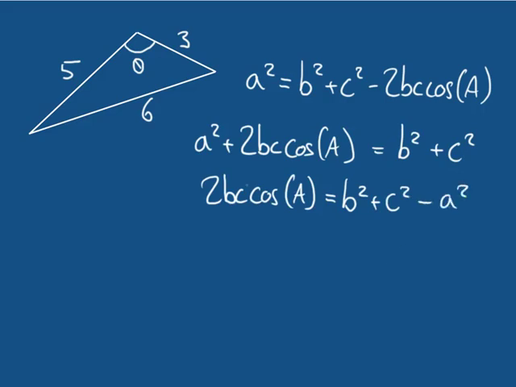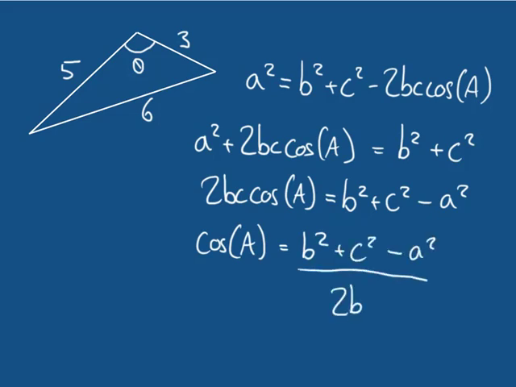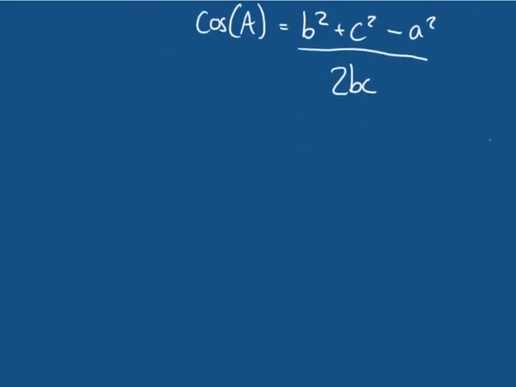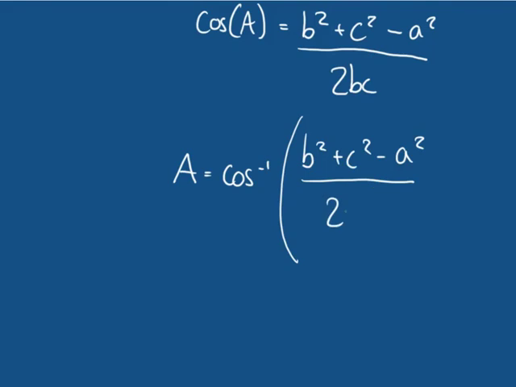Now we can see to get the cosine of A on its own, I'm going to need to divide by 2bc. So the cosine of A is equal to b squared plus c squared minus a squared divided by 2bc. And then finally, to get A, I'm going to need to use our inverse cosine function. So A is going to be equal to cosine to the minus 1, our inverse cosine function, of b squared plus c squared minus a squared over 2bc.